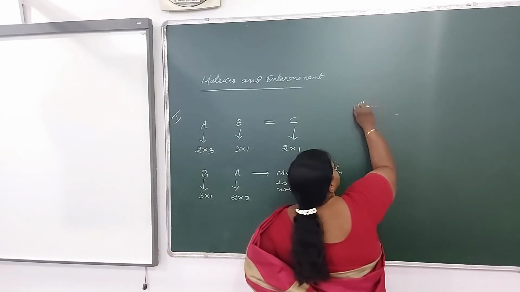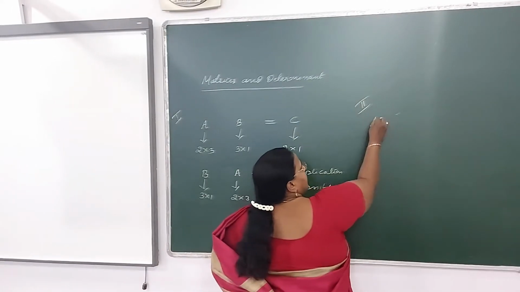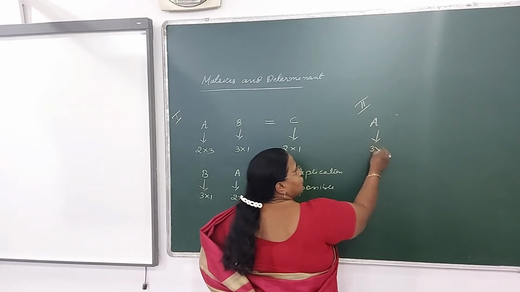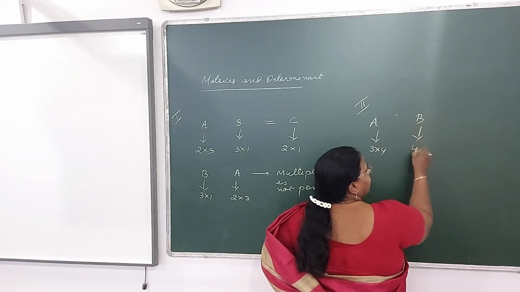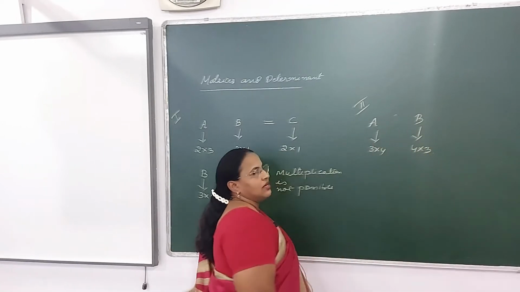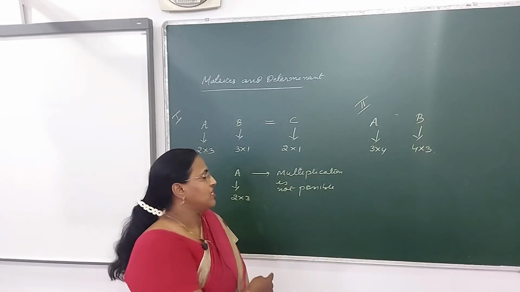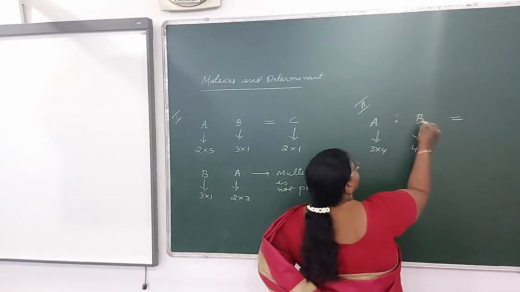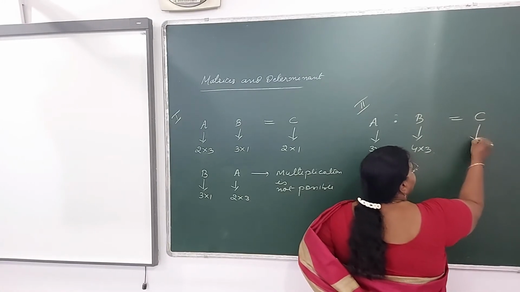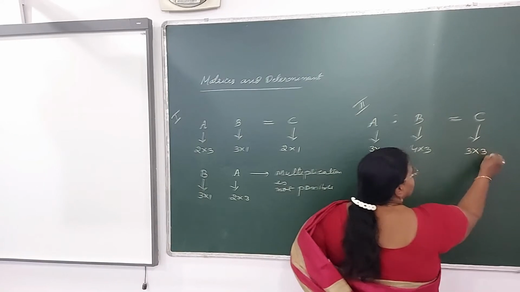So let us take another example. A be a matrix of order 3 by 4 and B be a matrix of order 4 by 3. Now you know very well matrix multiplication is definitely possible, and the resultant matrix you will be getting as C with the order 3 by 3.